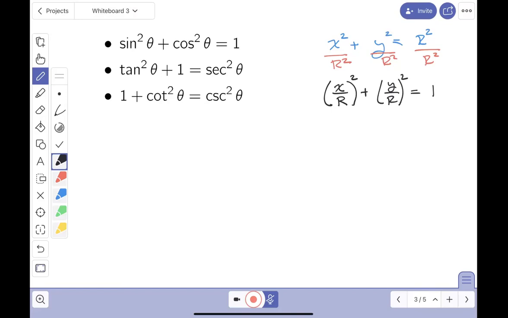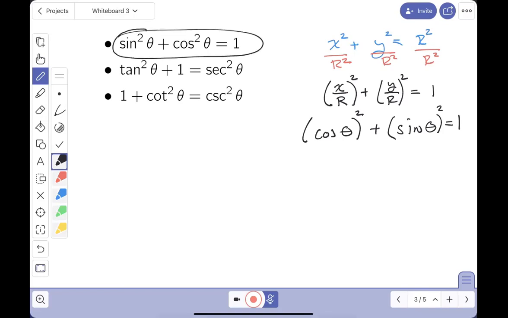Do you remember the definition of x over r? Do you understand that x is the abscissa? Well, that's going to be cosine theta, where theta is in standard position. Do you remember the definition of y over r? I hope you do. That's the ordinate over the radius, and that's sine theta. We do write it a little bit differently, and I want to tell you why. The world writes it this way over here.